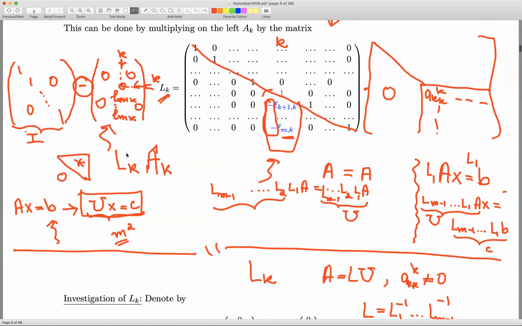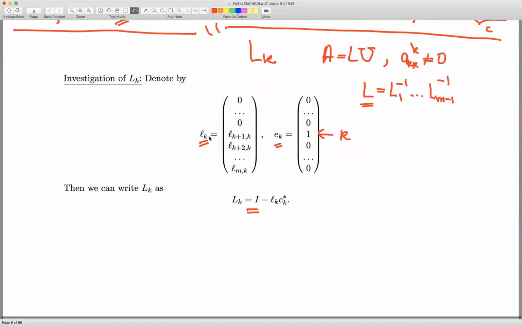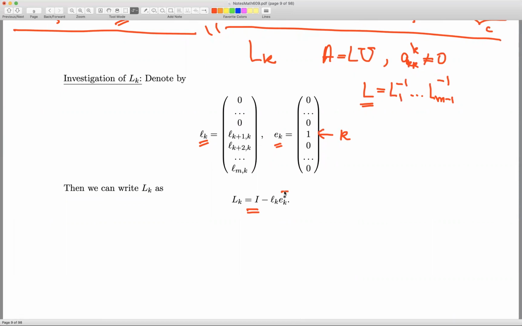And a convenient way to represent this matrix is to write it as a product of the vector lk and the vector ek transpose. Since we're talking about real entries of the matrix, you can think of it as ek transpose. So I is a matrix of dimensions m times m. lk is a column vector of dimension m times 1. ek transpose is a row vector of dimension 1 times m.